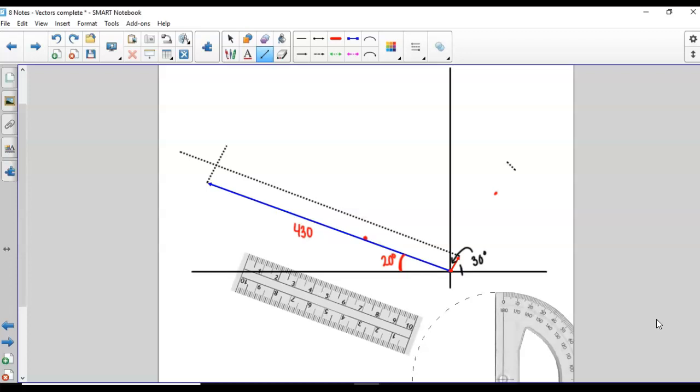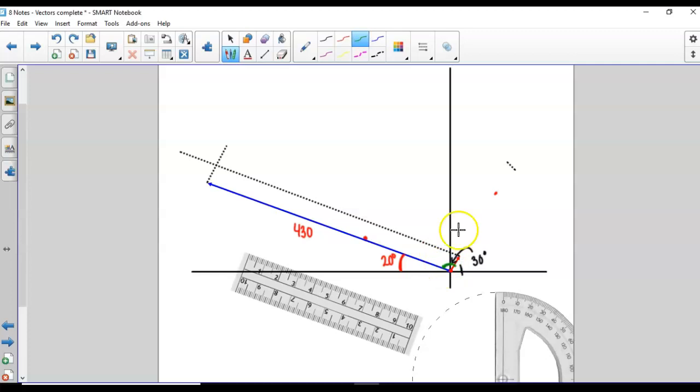Okay, so I like to do the angles of the parallelogram before I draw the resultant, because I think once I draw the resultant, it confuses me a little bit. So let's start with this angle right here.